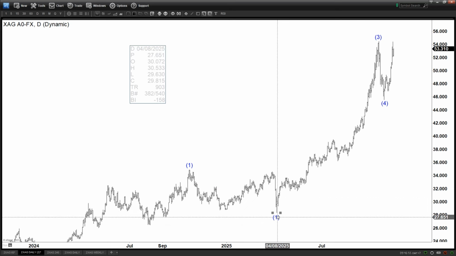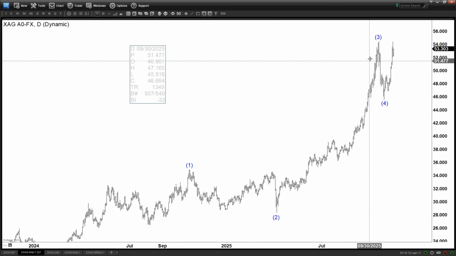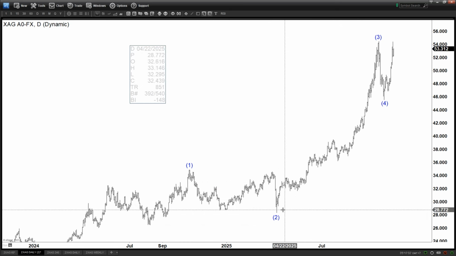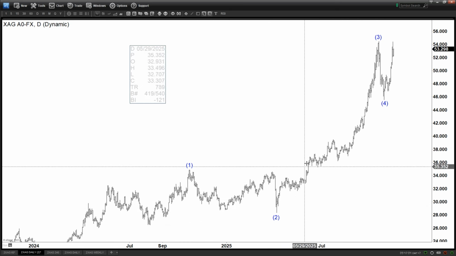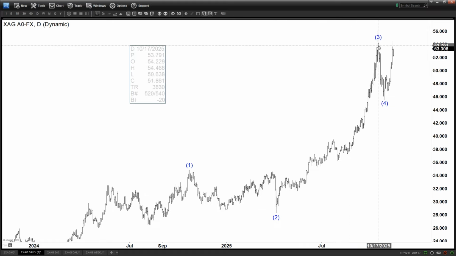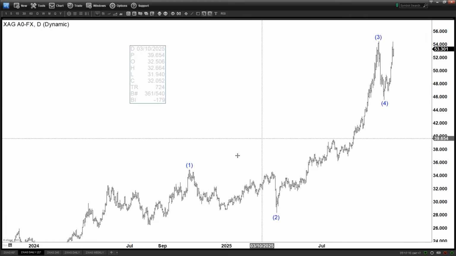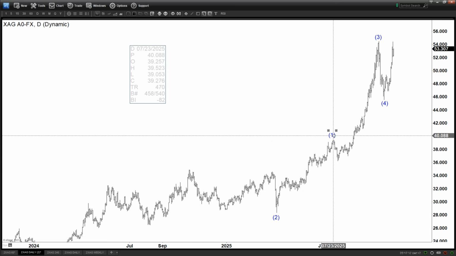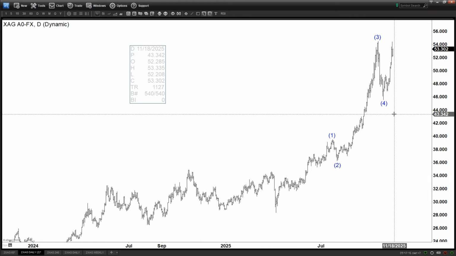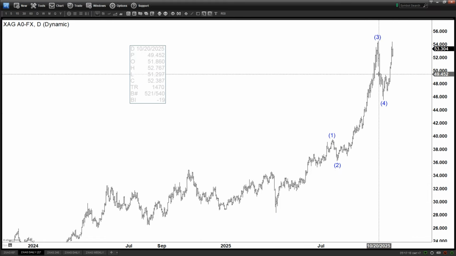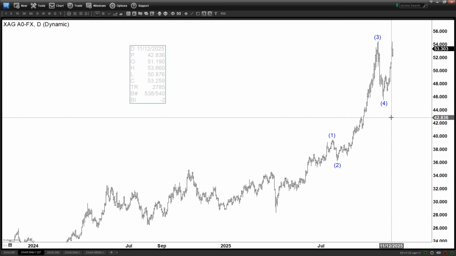But the problem is, if you do it this way, this entire rally doesn't look like 5 waves, right? It looks like this is a 5 waves up, but this one is a 1 2, and then I don't see any 3 and 4 here. So it's like 1 2 3 waves. So therefore this 1 and 2 is most likely actually here. I know the 4 is a little bit too big, but it's okay. It's not violating any rule of Elliott Wave, right?